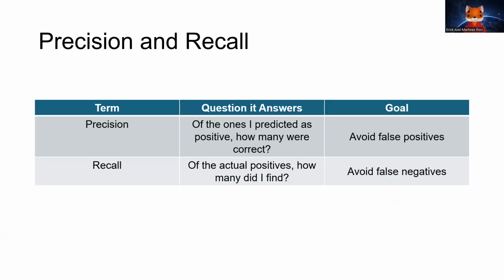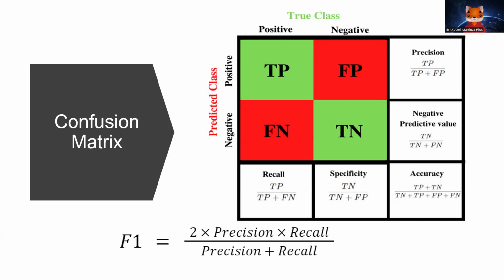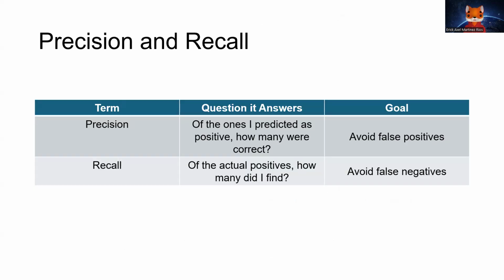Okay. So before we go into the Python code, I also wanted to clarify the difference between precision and recall. In the case of precision, remember that the precision is taking into account the false positives. And the question that it tries to answer is, of the samples that I predicted as positive, how many were correct?